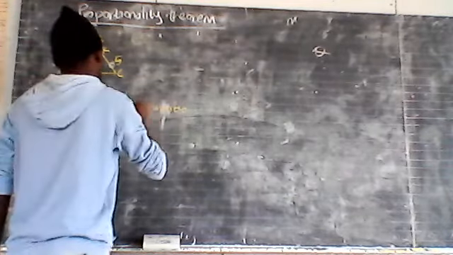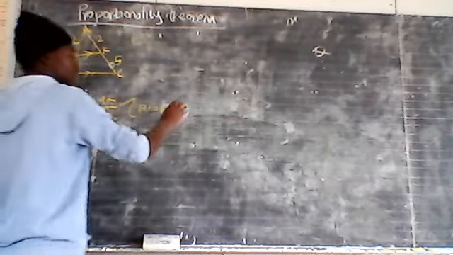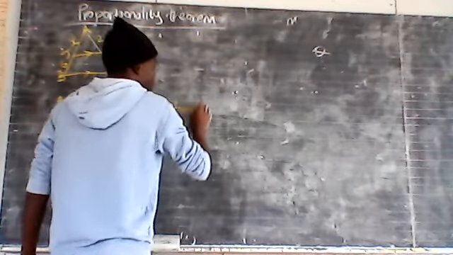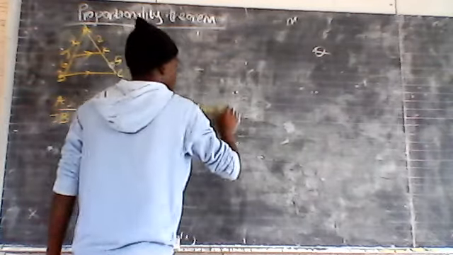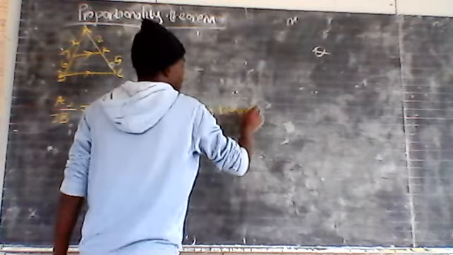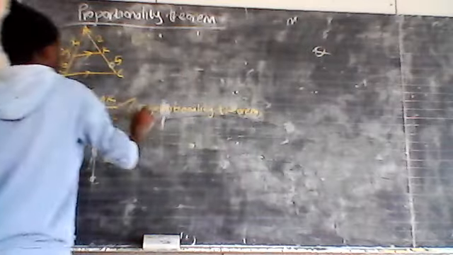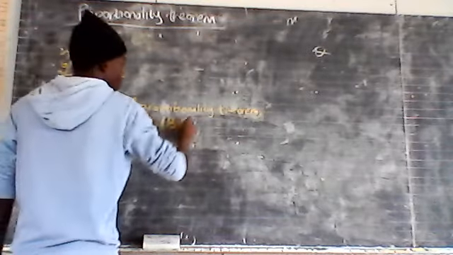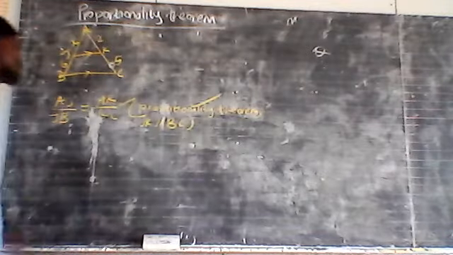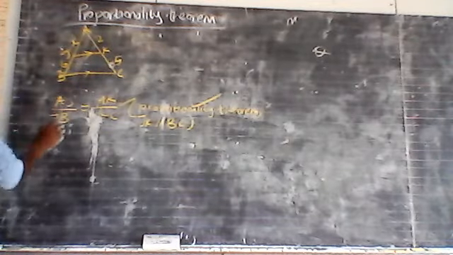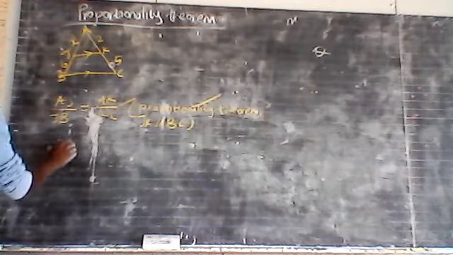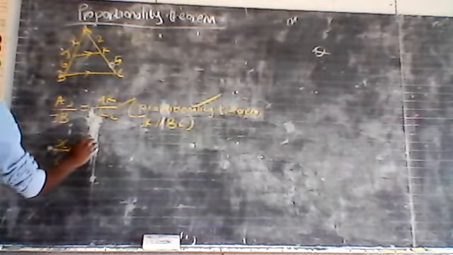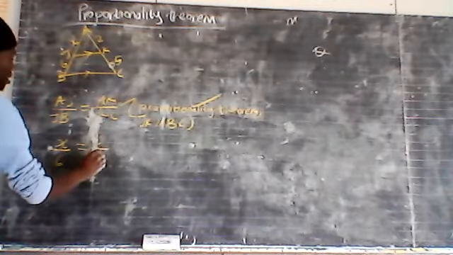You are always going to get a mark for writing that and a mark for writing this reason. Remember, we also have to state a pair of parallel lines. So AK is parallel to BC. You are going to get a mark for that. Now let's substitute the values. I've said that AJ equals X units, JB is 6, AK is 2, and KC is 5.